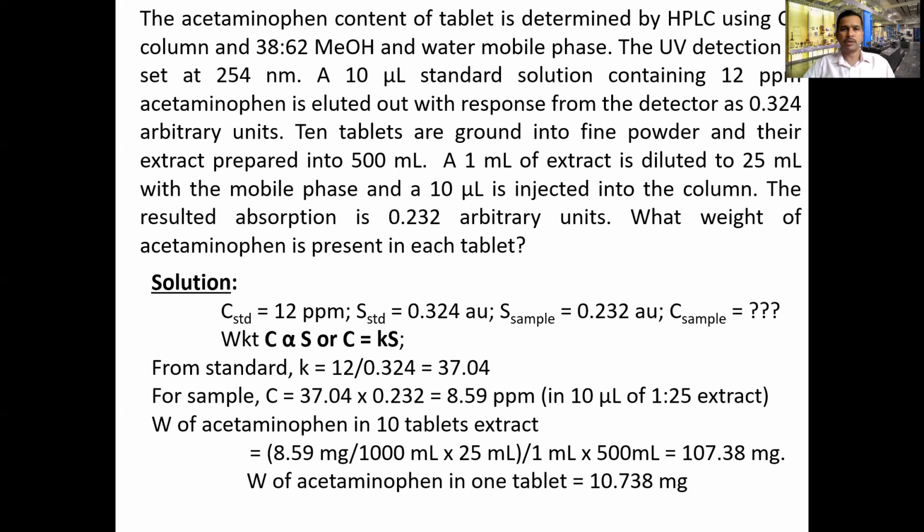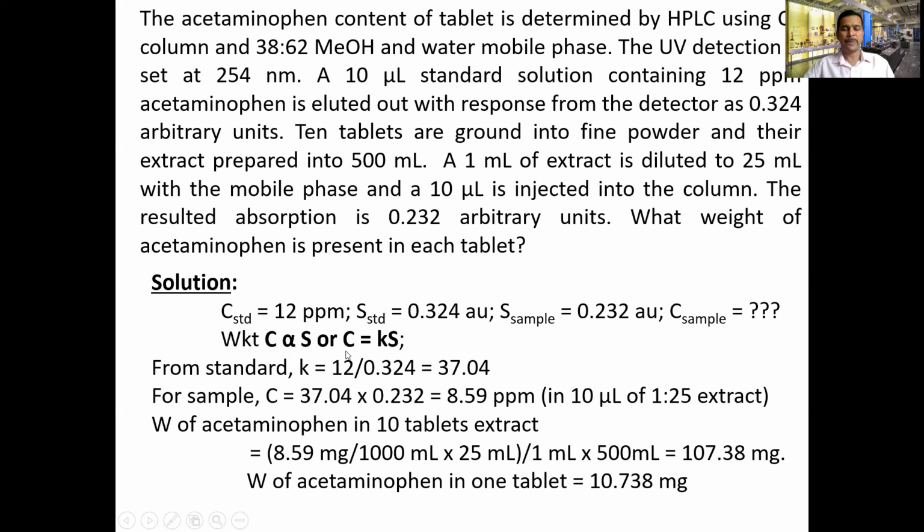We know that for any instrumental technique, whatever response the instrument gives, its signal will be directly proportional to concentration. Concentration is proportional to signal, or concentration is equal to K into S, where K is the proportionality constant. You can use this expression to determine the concentration of the solute in the unknown.